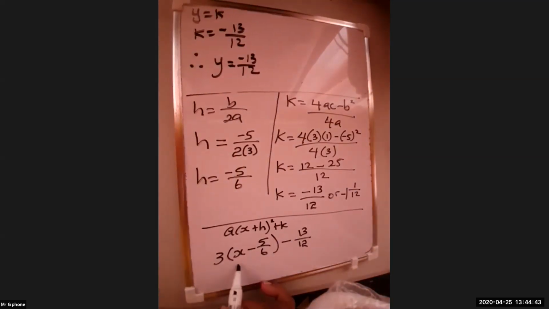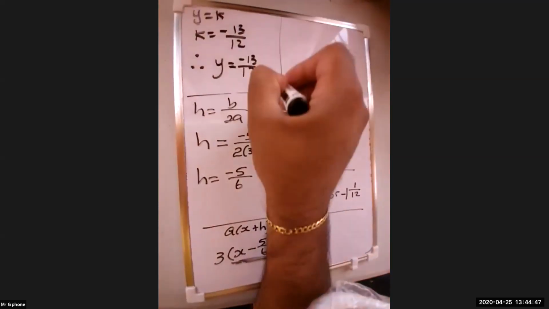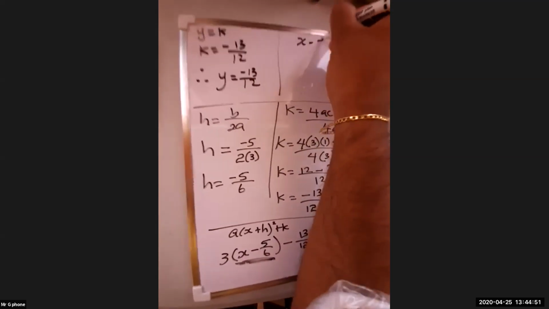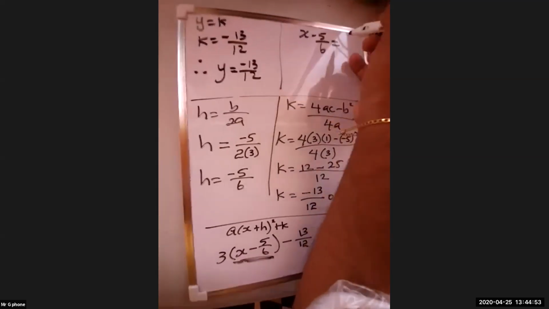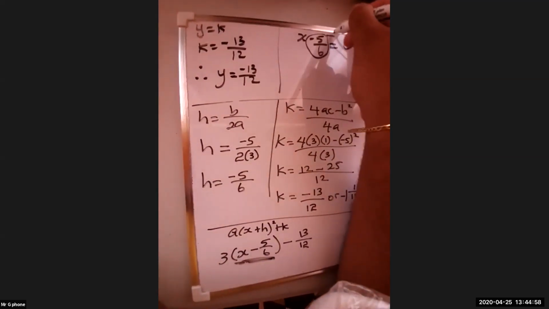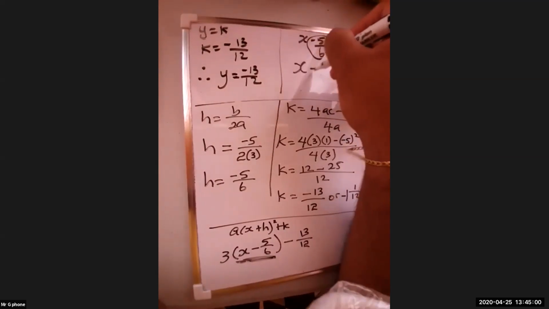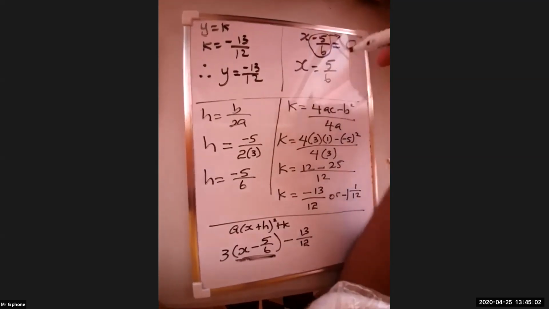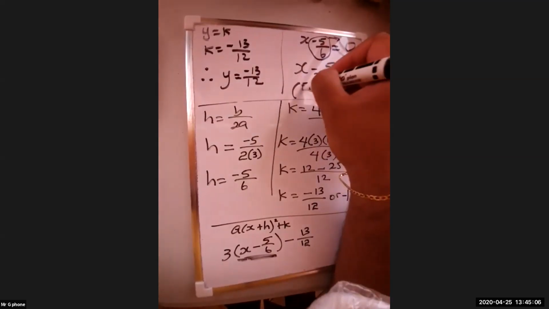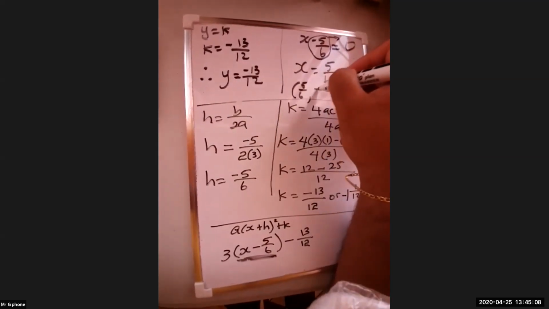And remember, I told you how to find x, we're using this here. So let's find x now. It's x minus 5 over 6 is equal to 0. So we take this, -5 over 6, and we carry that across. X is equal to +5 over 6. So the value of x, the coordinate, will be 5 over 6 and y is negative 13 over 12.